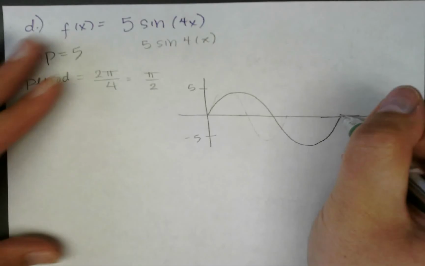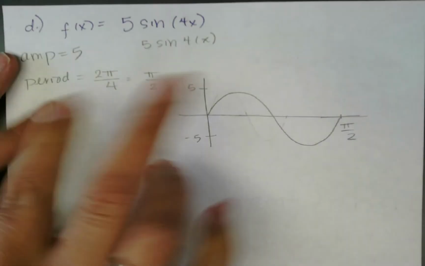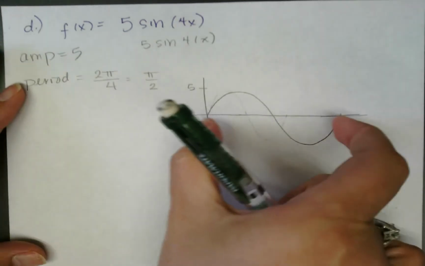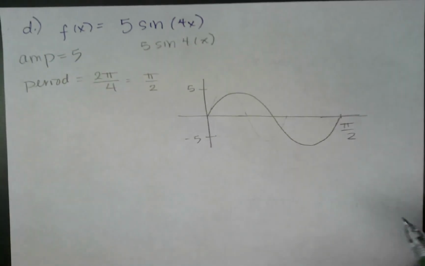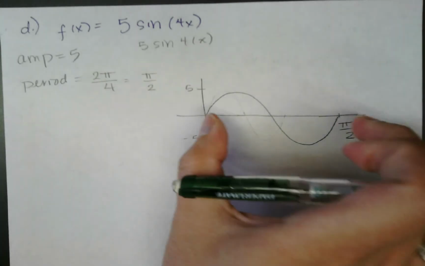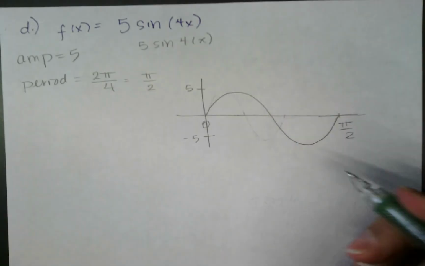So this is pi over 2. That's the width of your graph. It's the highest, biggest piece of your domain. Again, because we're only doing one cycle. It goes on forever, but I only want one cycle from 0 to pi over 2.